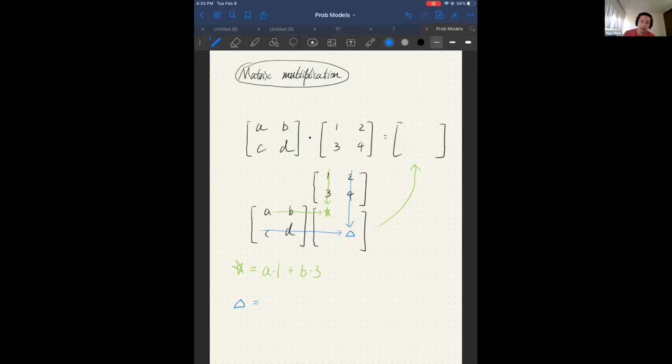Exactly. In this case, it would be 2 times C plus 4 times D. And once we know how to do matrix multiplication, raising a matrix to a power is essentially just doing the multiplications over and over again, just like for numbers.